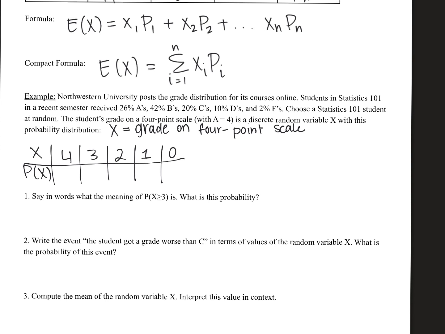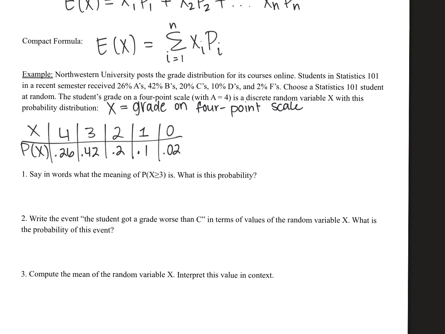And then we have our percentages: 0.26, 0.42, 0.2, 0.10, 0.02. We should double check that our percentages add to 1 just to make sure. So 26 plus 42 plus 20 plus 10 plus 2. And it does.